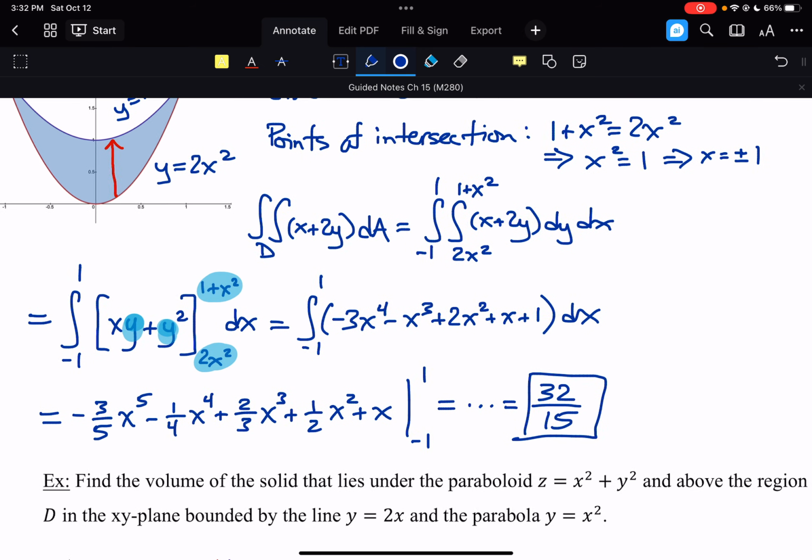Then we can go ahead and integrate so that outside integral will stay there. The inside, with respect to y, we're going to get x squared y plus 1/3 y cubed from x squared to 2x dx.